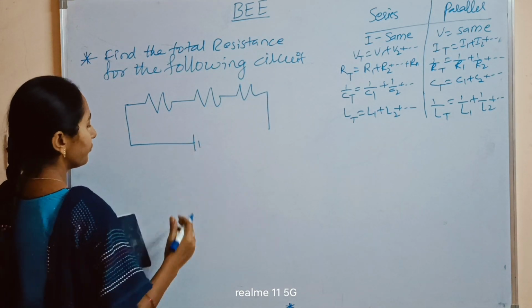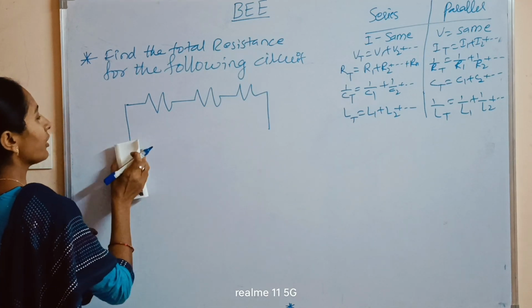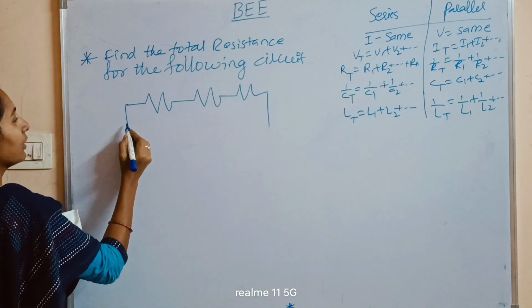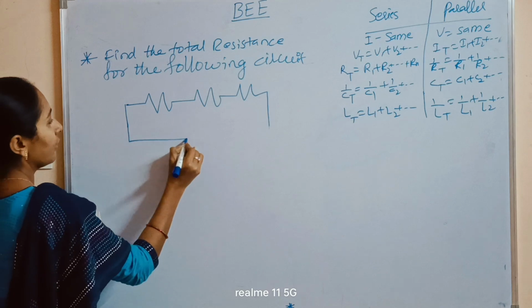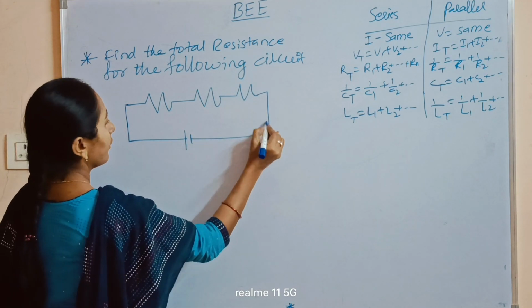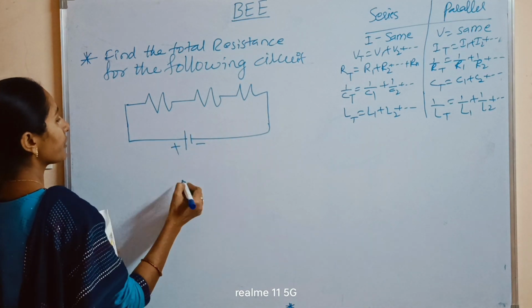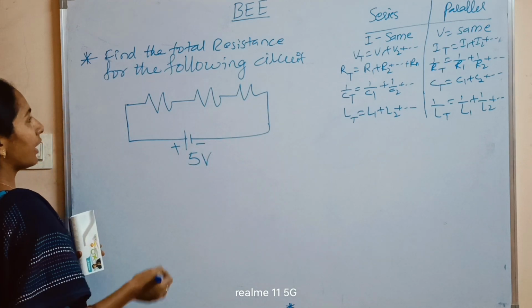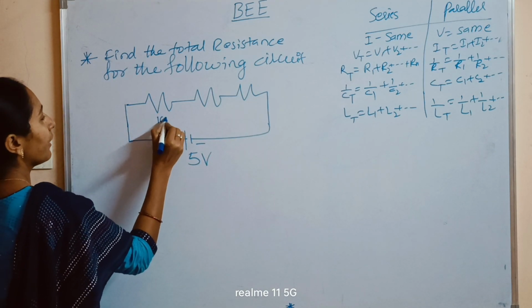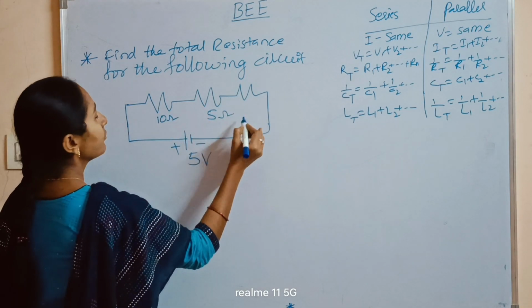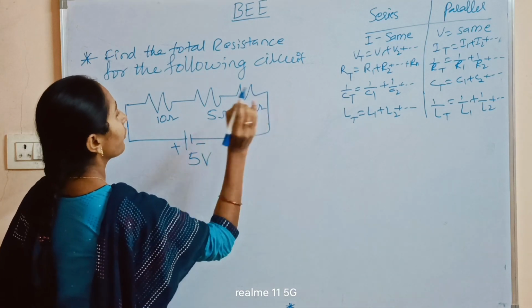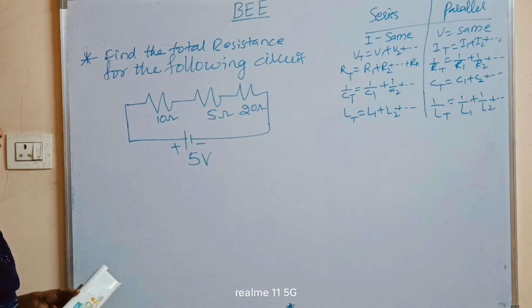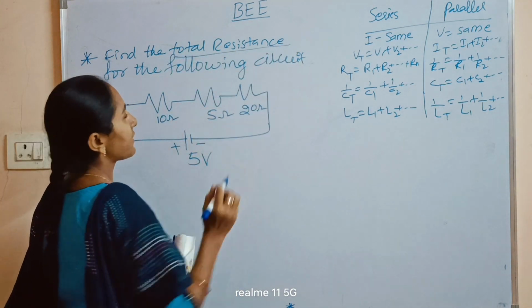I am not giving any supply here. Negative, positive, this is 5 volts, and here 10 ohm, 5 ohm, 20 ohm. For this circuit, find the total resistance.